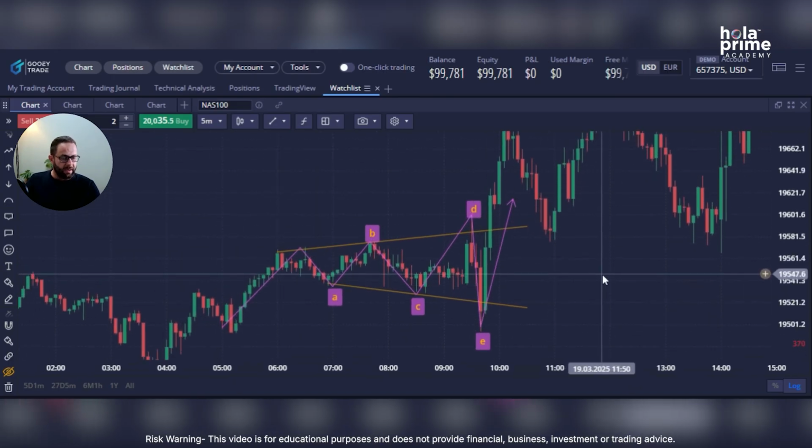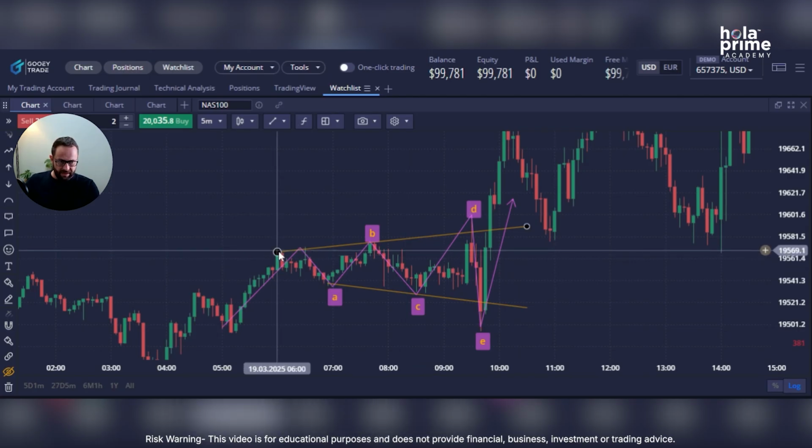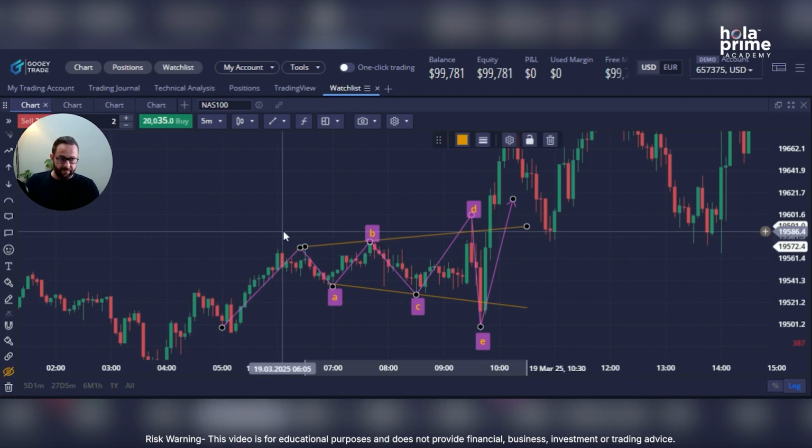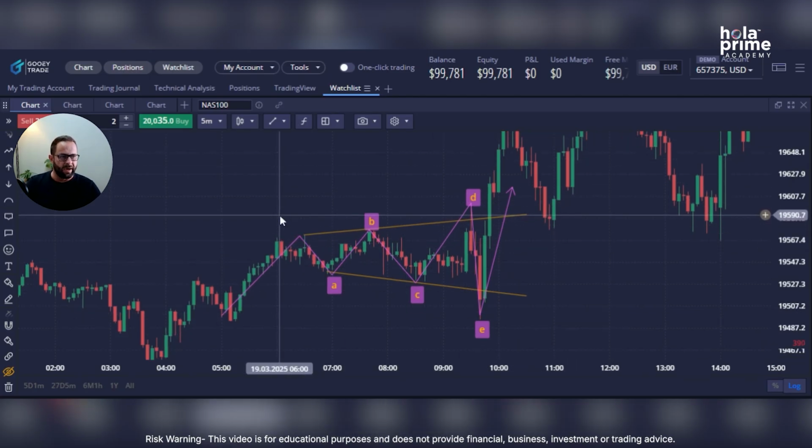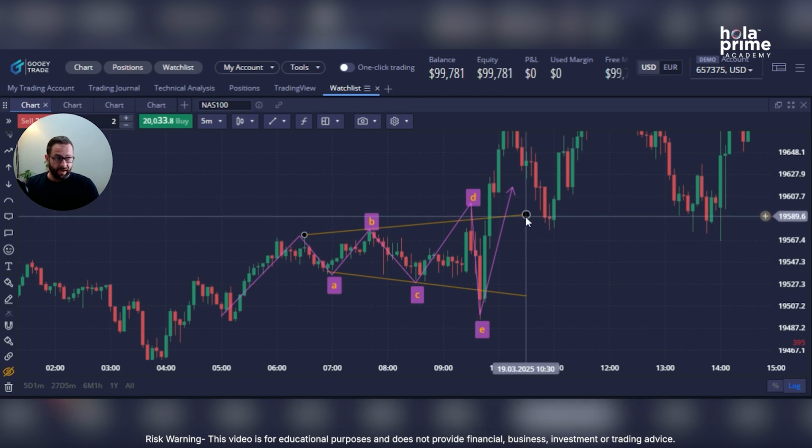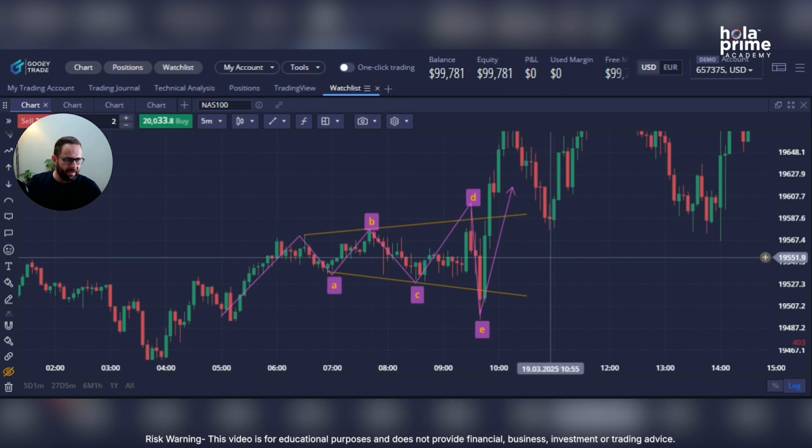So again, the expanding triangles or megaphone patterns can form in both bullish and bearish markets. As long as you know the characteristics and focus on the look and feel or shape of the triangle, and also look at the behavior of price action during the formation, hopefully what I've shown you here can help you better identify this particular pattern the next time you are trading, and hopefully it benefits you in your trading journey.